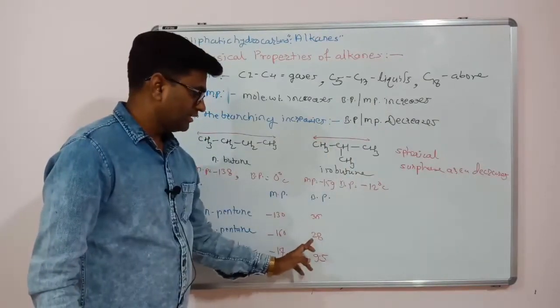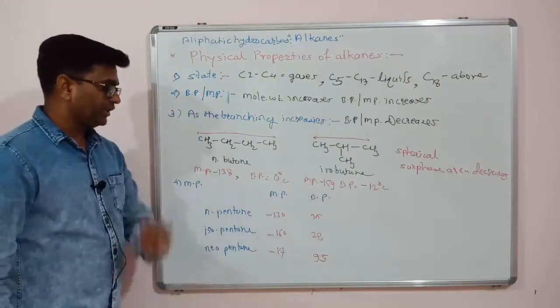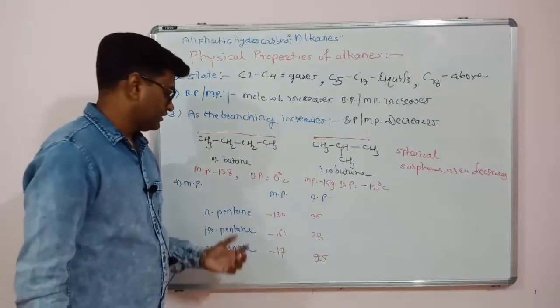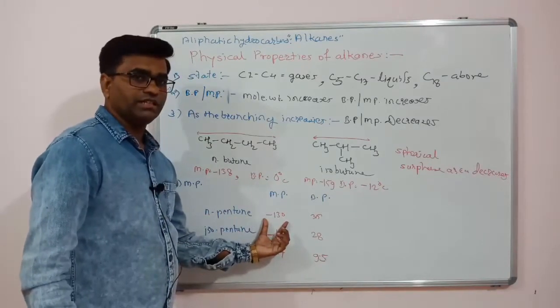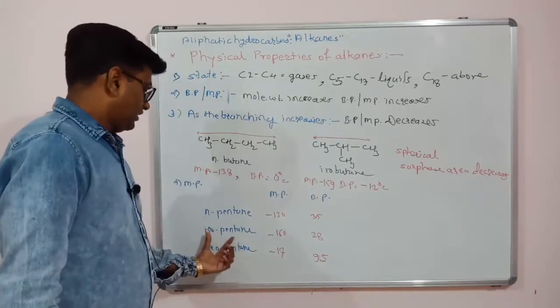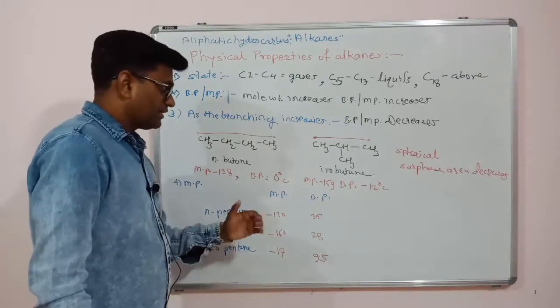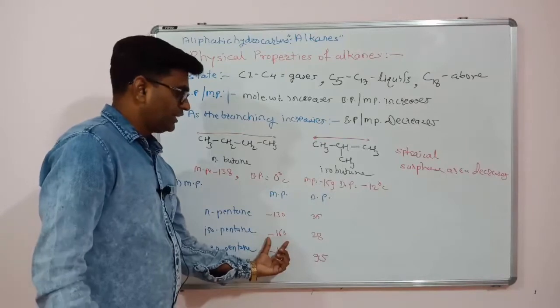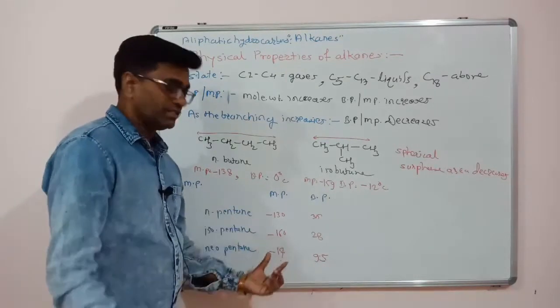See here, 36, 28 and 9.5. While in case of melting point, it's not in proper order. See here, N-pentane is minus 130, and for isopentane, branching is increased, surface area decreased, so the melting point also decreased, it becomes minus 160.